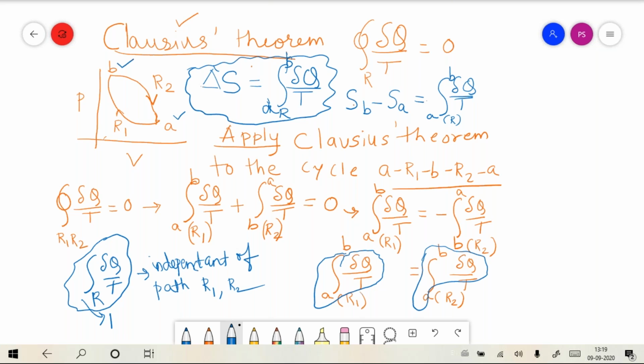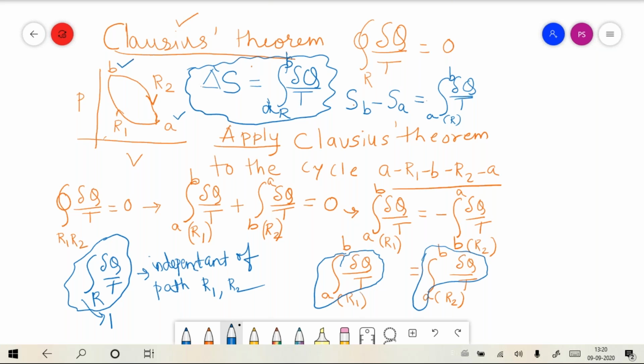Just as we derived the expression of internal energy using the first law of thermodynamics, similarly, by using the second law of thermodynamics, and more specifically the Clausius theorem, we are deriving the expression for a new property which is called entropy.